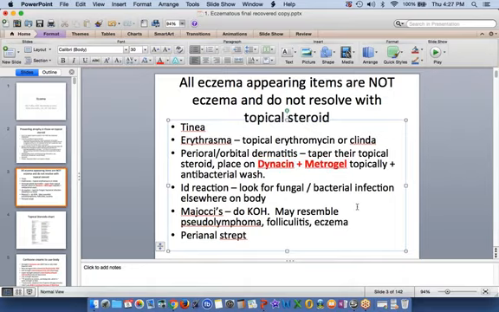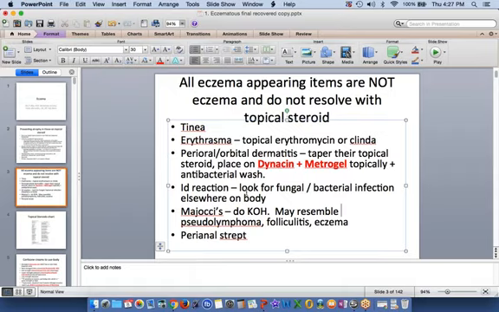Okay, an id reaction is usually something that also presents with papules or tiny little vesicles, most commonly on the hands, appearing like dyshidrotic eczema, but it could also involve the entire body. Majocchi's is a form of an erythematous, boggy, patchy plaque that is secondary to a fungus that goes deep into the dermis and follows the hair follicles, and that it's a reactionary process by the body that's attacking the fungus.